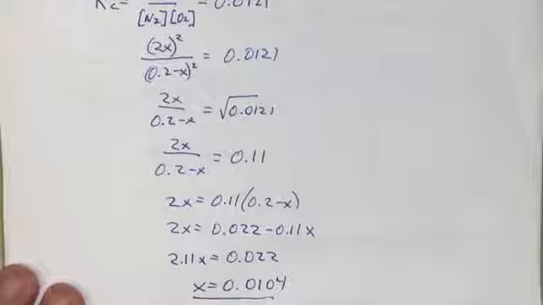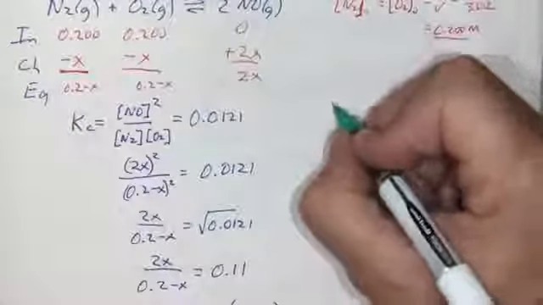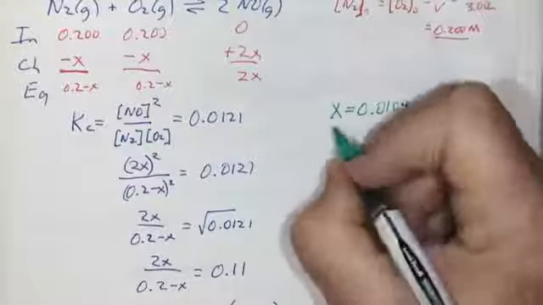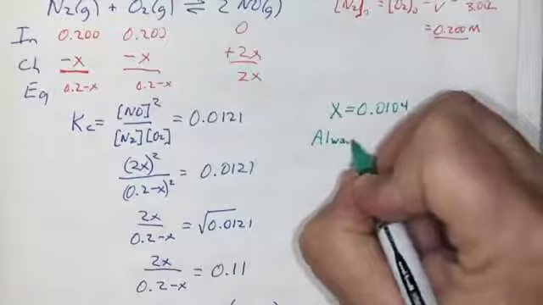But always answer the question that was asked in these equilibrium problems. So up here I want to write, I know that x is 0.0104. That's what we just found. But always answer the question that was asked.